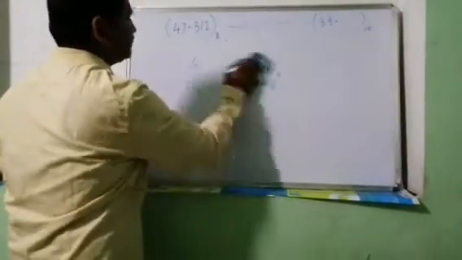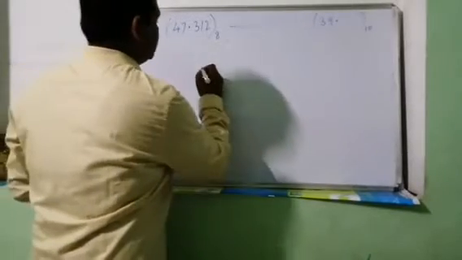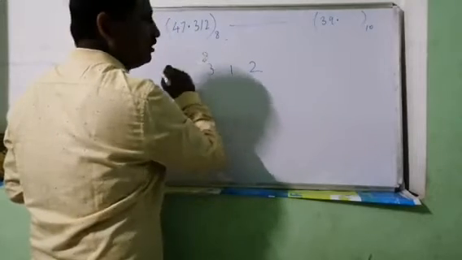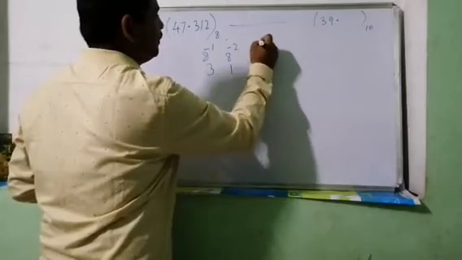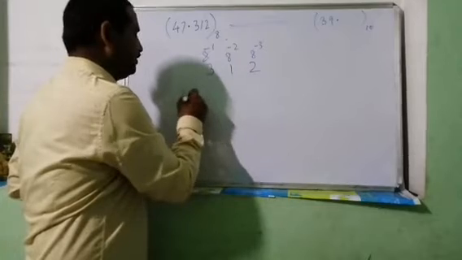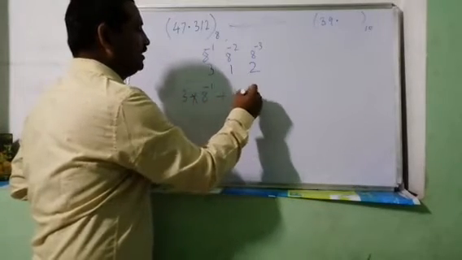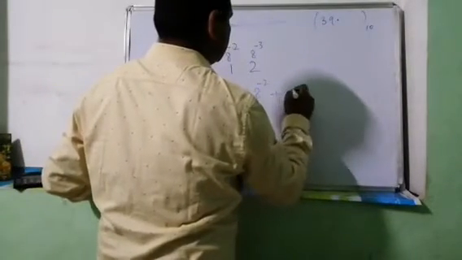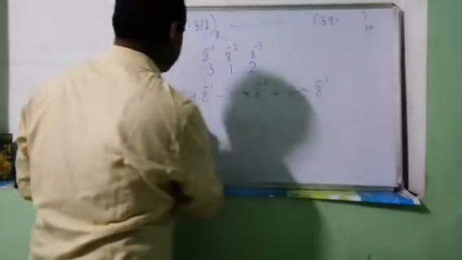Now the fractional part is 312, 8 to the power minus 1, 8 to the power minus 2, 8 to the power minus 3. 3 into 8 to the power minus 1 plus 1 into 8 to the power minus 2 plus 2 into 8 to the power minus 3.